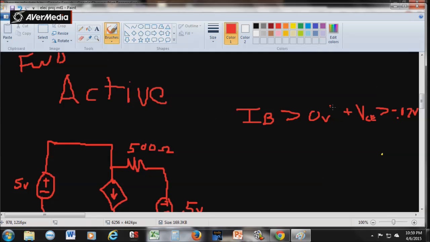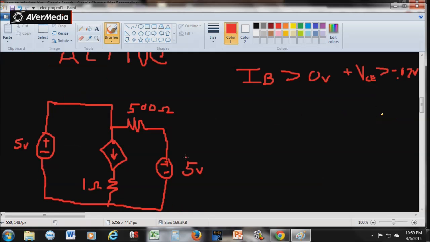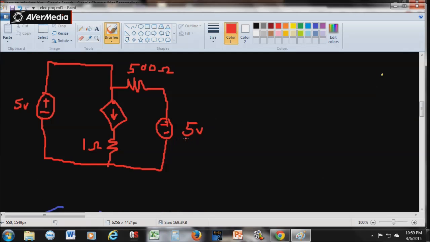If both these conditions are met, then the transistor is in the forward active region. We check IB first. From our convention, we know that IB is right here, and we're going to do a KVL around this loop to solve for IB. So let's do a KVL.